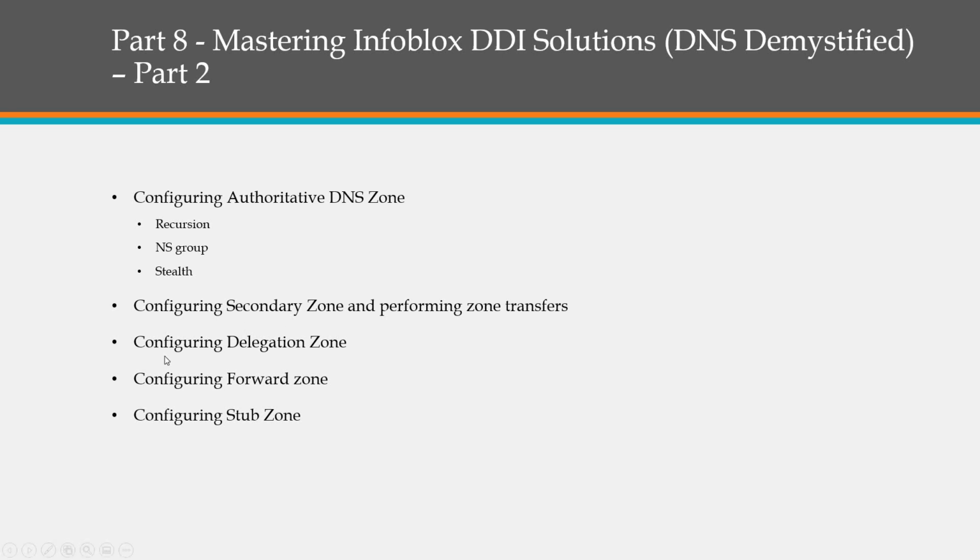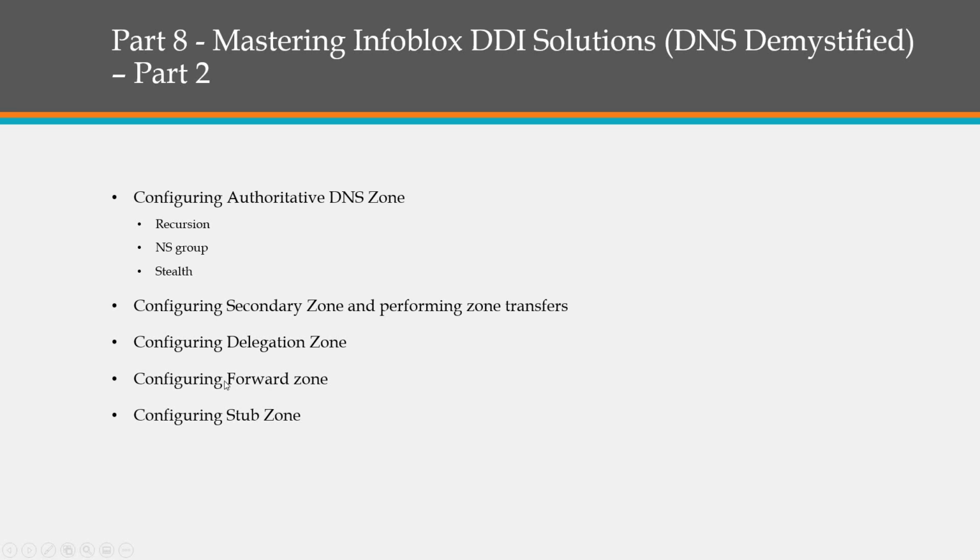Then we learned how to configure a delegation zone, and that it's very important to ensure that the DNS resolution of the name server itself works, because if I'm not able to resolve the name server, then the delegation would fail.